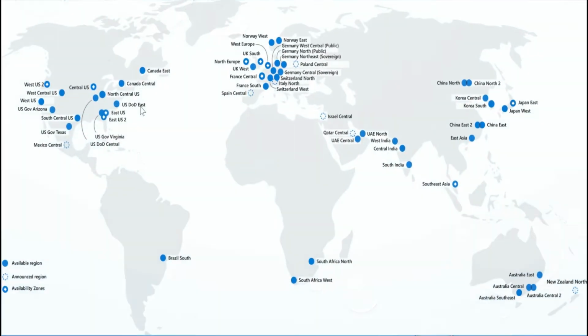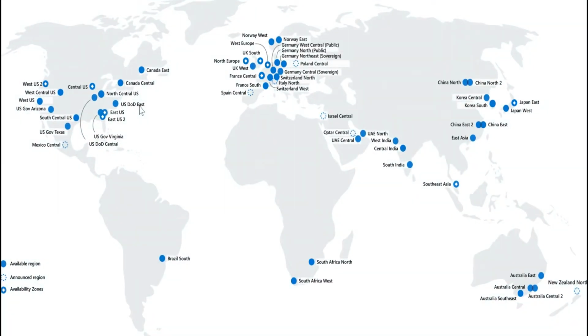An Azure geography is an area of the world that contains one or more Azure regions. India, United States, and United Kingdom are examples of Azure geography. The geography India contains three regions: Region 1 is Central India located at Pune, Region 2 is South Central India located at Hyderabad, and Region 3 is South India located at Chennai.